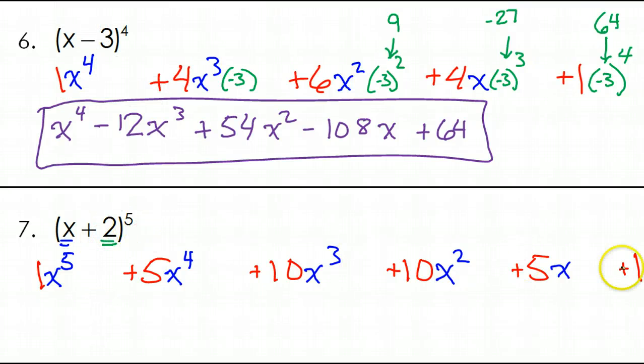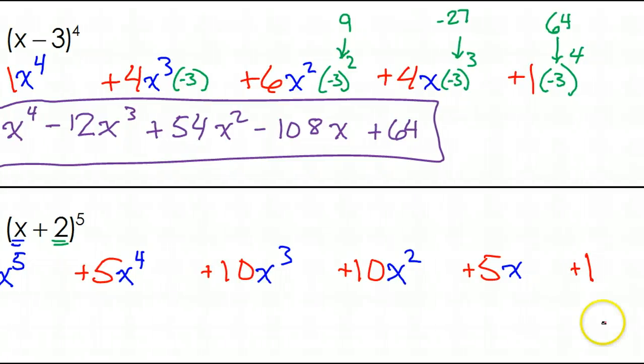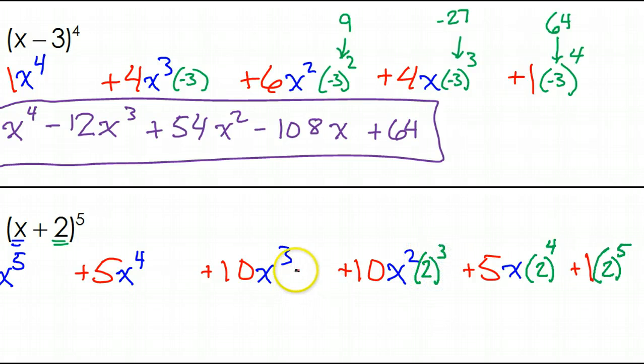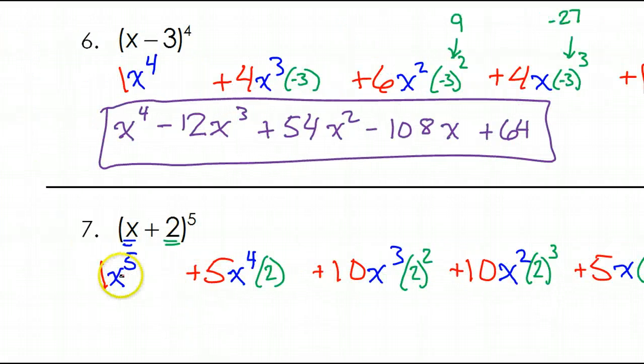The 2 is on the right, so I'm going to start off on the right with 2 to the fifth power, and I will decrease by 1 power as I go to the left. So I will have 2 to the fourth power, 2 to the third power, 2 squared, and just plain old 2, and that's it. Once you get down to 1 of them, you're done, because over here it would just be 0 of them, and so you don't have to write anything down.